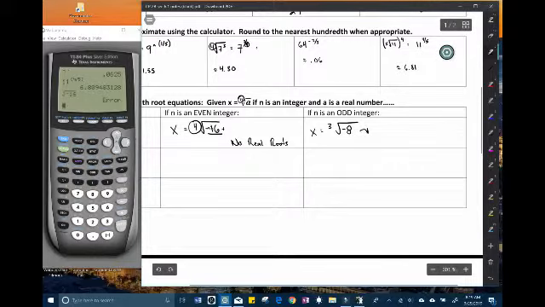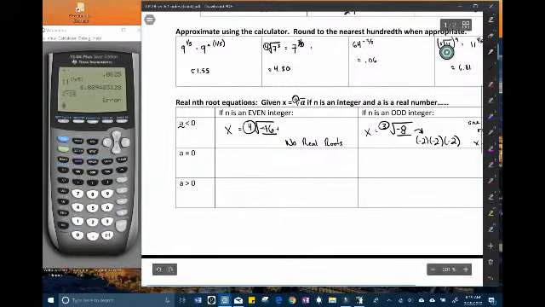You can think of this as negative 2 times negative 2 times negative 2, which means that x equals negative 2, and it is possible. There's one real root. So negative numbers with odd indexes, it is possible. Negative numbers with even indexes, it is not possible.